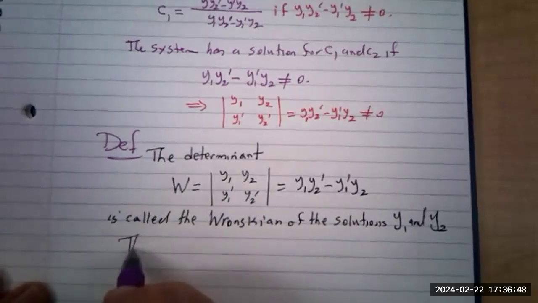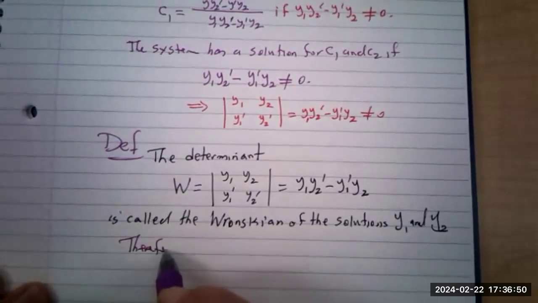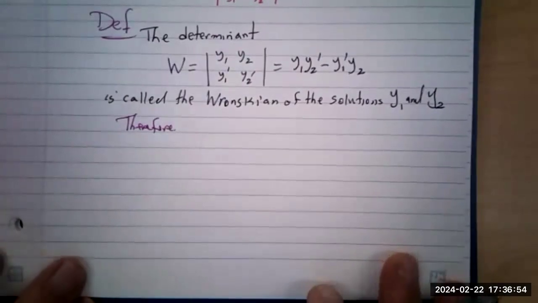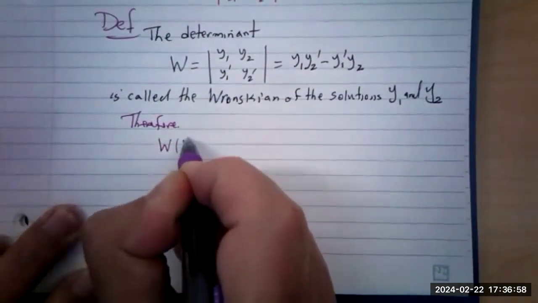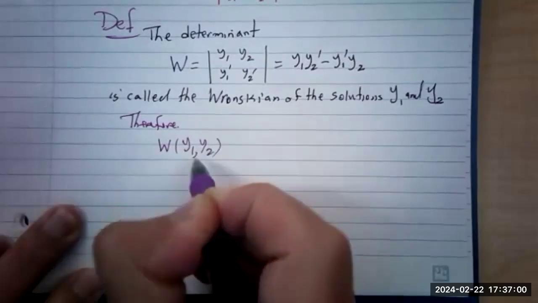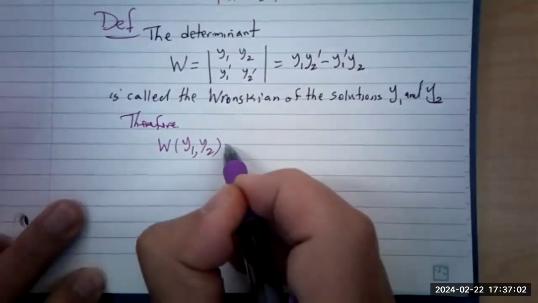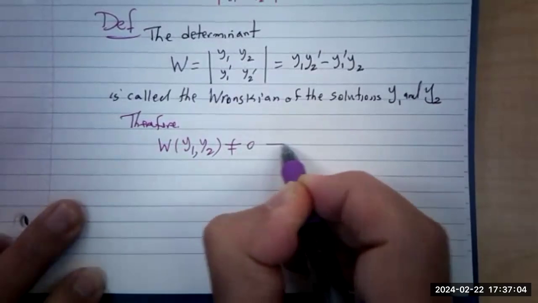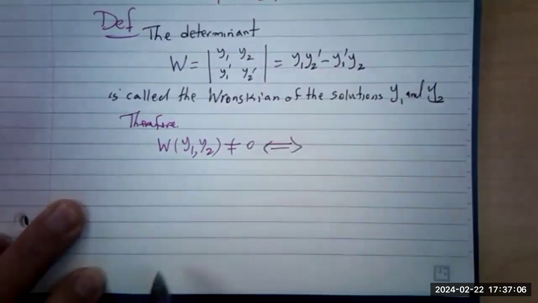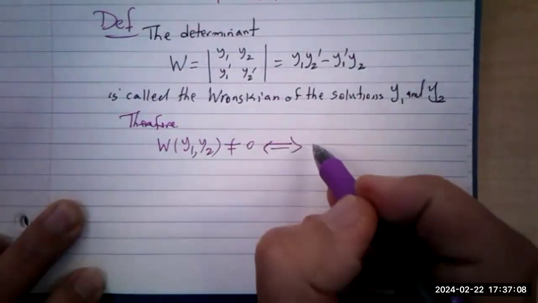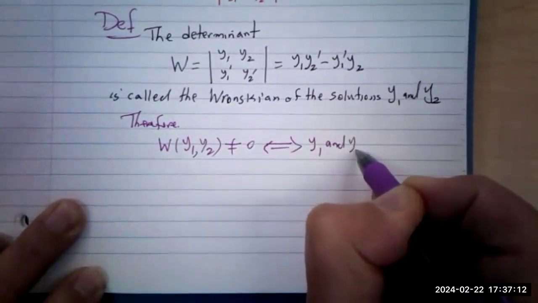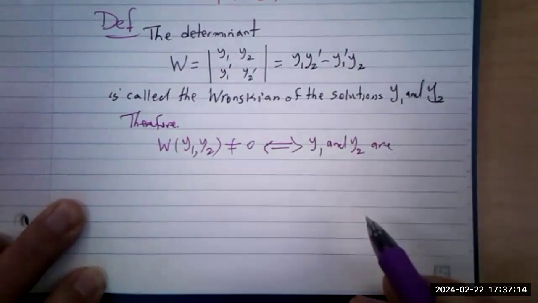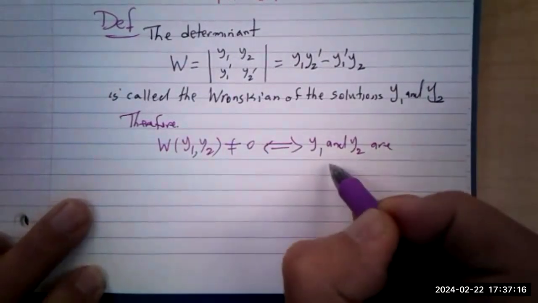Therefore, the Wronskian of y1, y2 is not equal to zero if and only if, in the language of linear algebra, y1 and y2 are linearly independent.